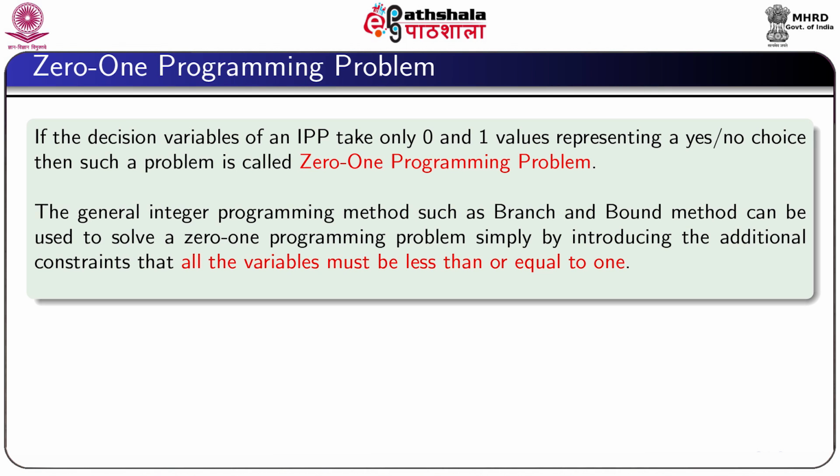The general integer programming methods such as branch and bound method can be used to solve a 0-1 programming problem simply by introducing one additional constraint that all the variables must be less than or equal to 1.